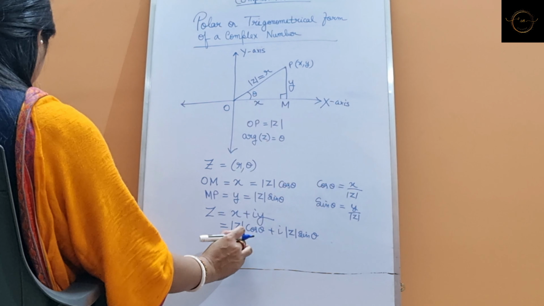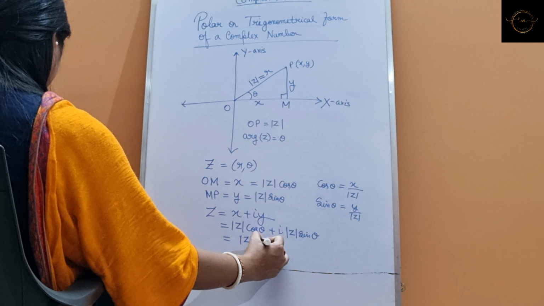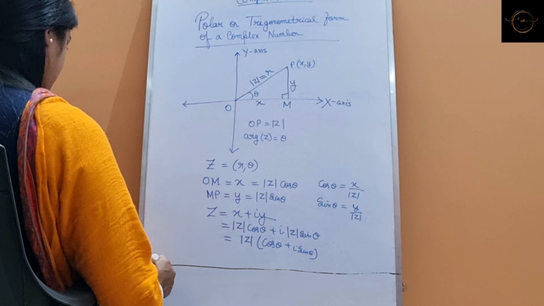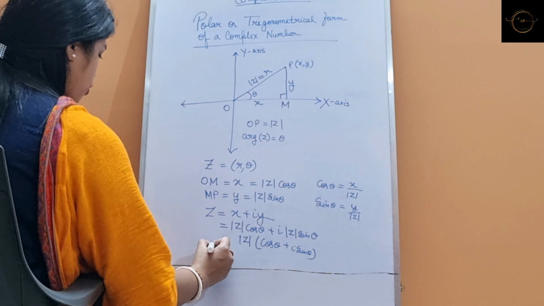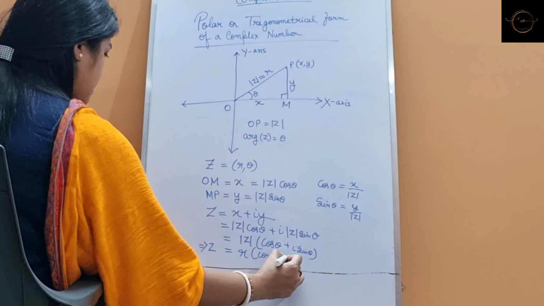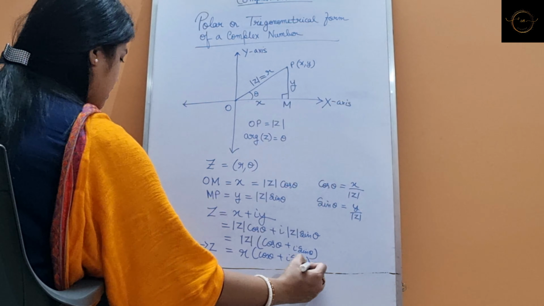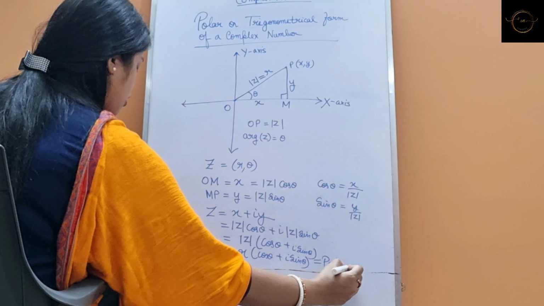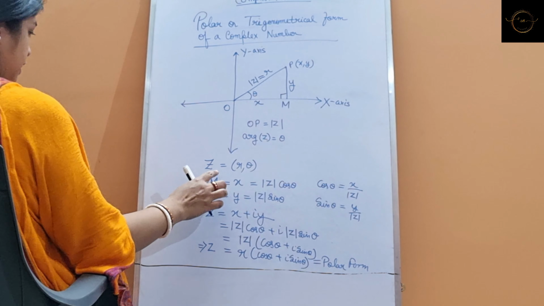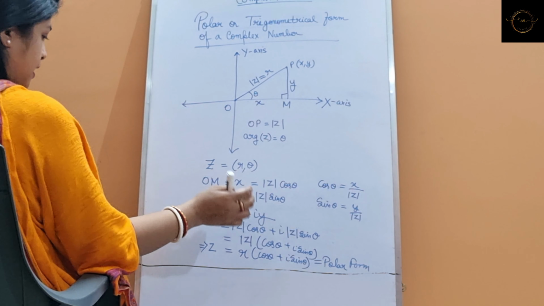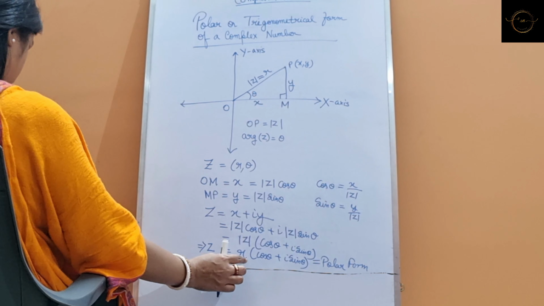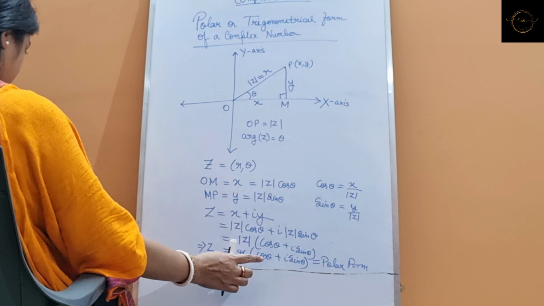If you take mod z common, this will come as cos theta plus i sin theta. Mod z we have taken as r, so z equals r into cos theta plus i sin theta, which is the polar form of the complex number. It is represented as r comma theta, and the polar form is z equals r into cos theta plus i sin theta.